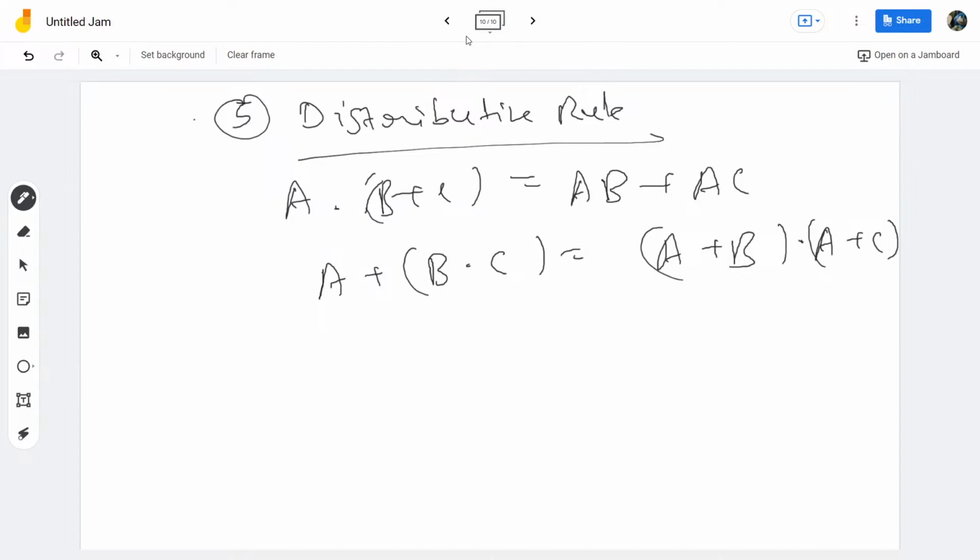So these were some of the rules that will be very much helpful while doing any operations.